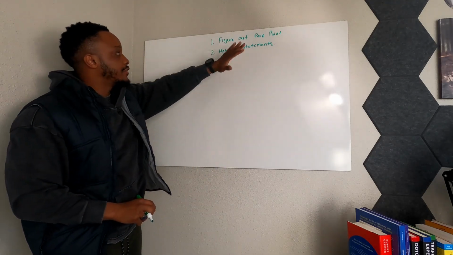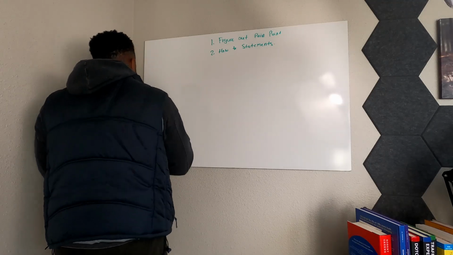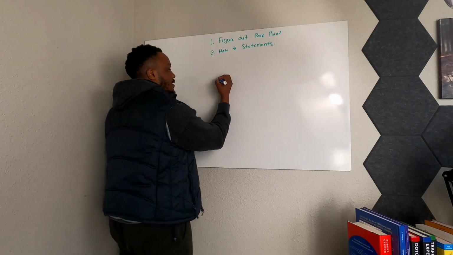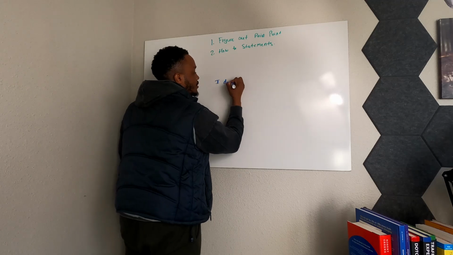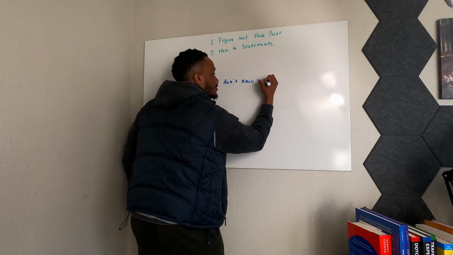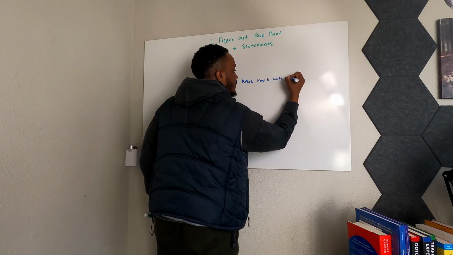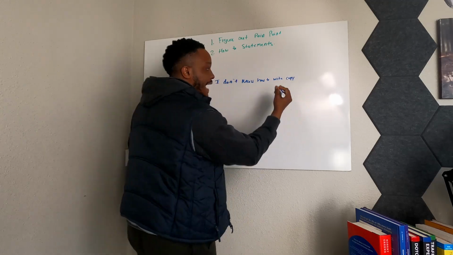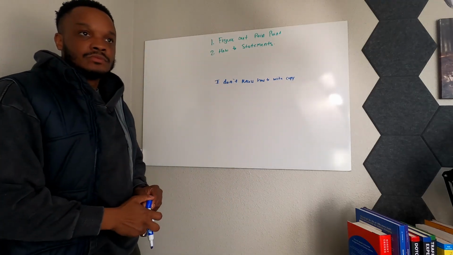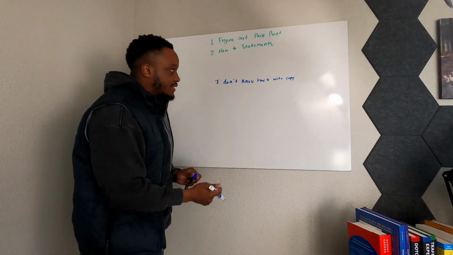So once you write down the pains, for instance, let's say, I don't know how to write copy, right? Copy meaning the things you write down to make a sale, right? What your content says.